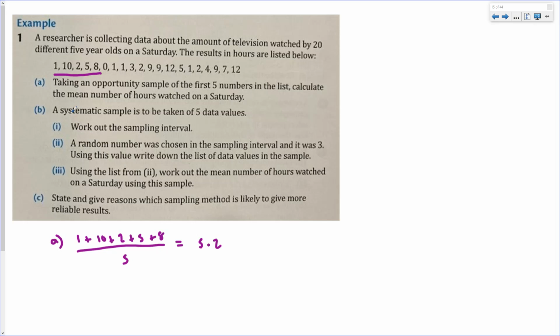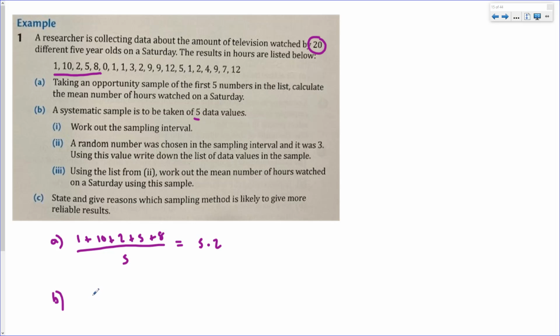Okay, part B then is more about the systematic approach of getting a sample. So we are going to be taking 5 data values, so we need to work out the sampling interval. We know that we're going to be taking a sample of 5 from the population of 20 that was originally researched.